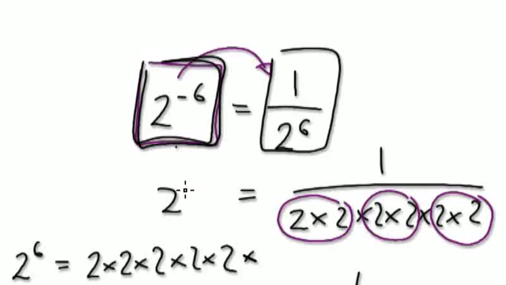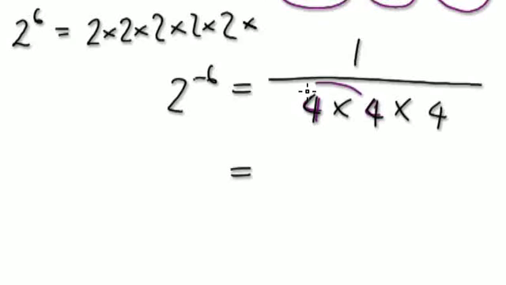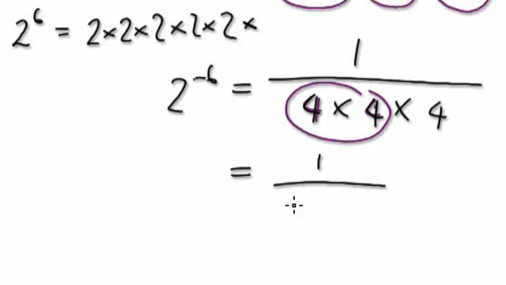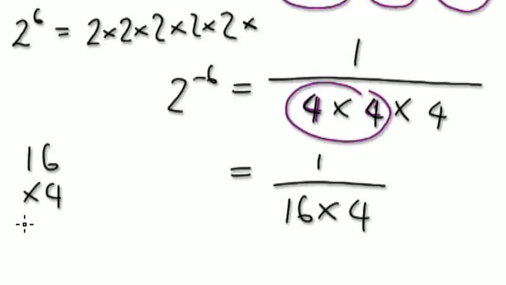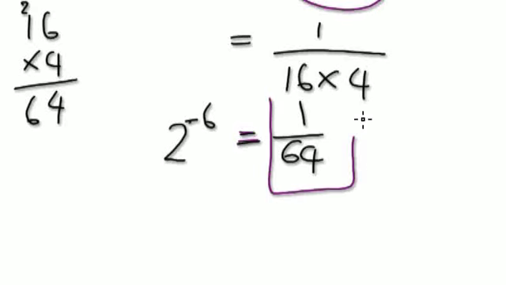Now let's merge these together. It would be 1 over 16 times 4. 16 times 4 is 24, carry the 2, this would be 6. So it would be 1 over 64. So 2 to the minus 6 is actually 1 over 64.